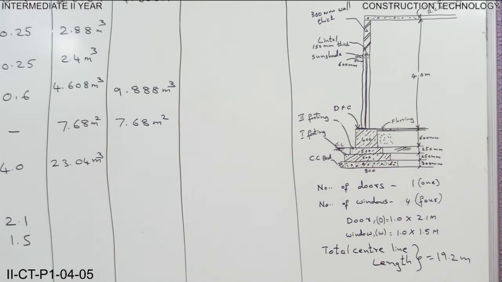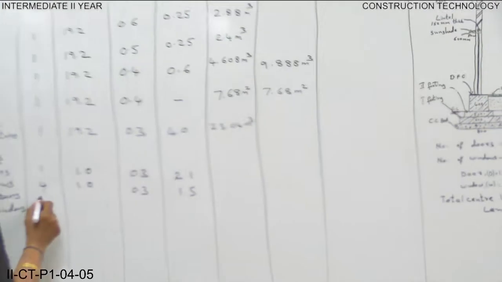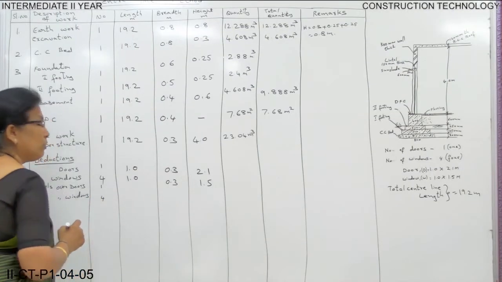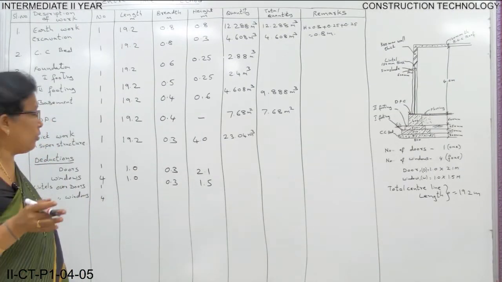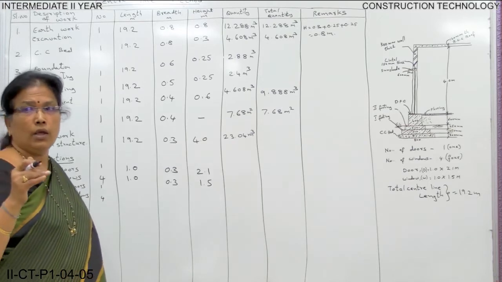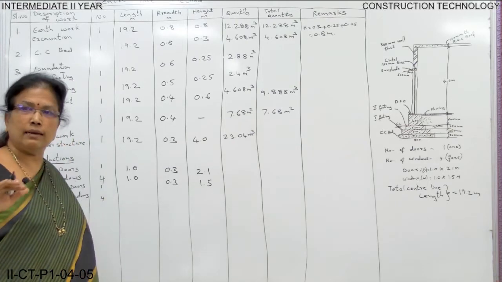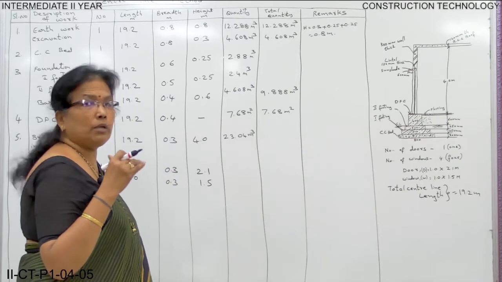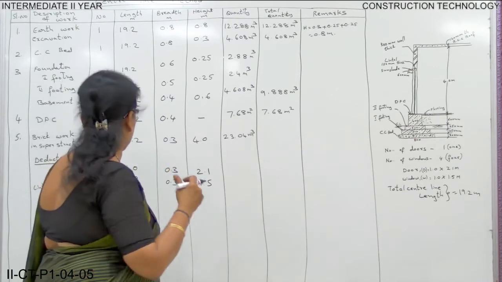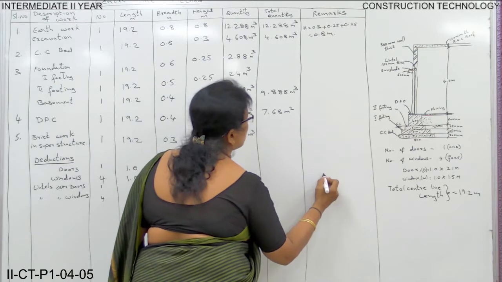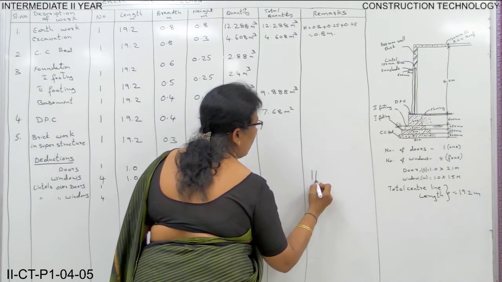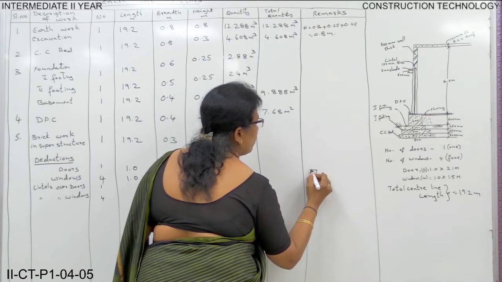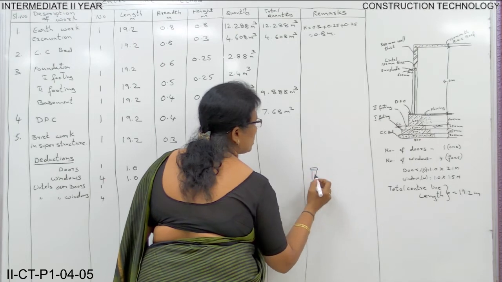Again, lintels. Coming to lintels, I have already explained how many doors there are: 1 door and 4 windows. For every opening, whether it is a door, window or ventilator, you have to place lintels over it to support the brickwork above the opening. So, suppose this is your door or window, you have to give the projection.